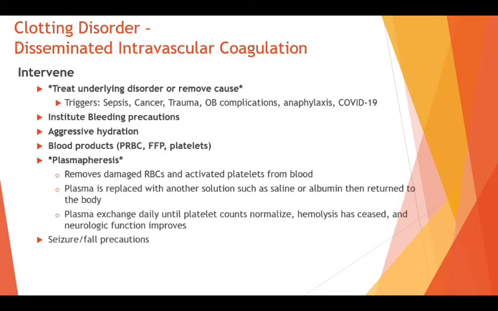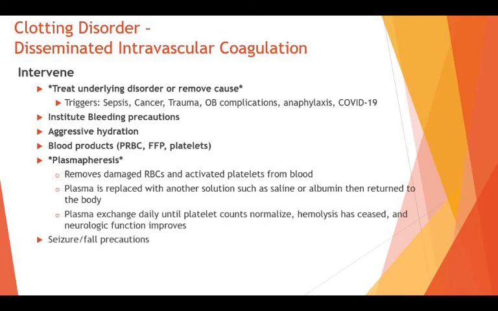Because we've used up all our clotting factors, we need to give plasma because FFP has clotting factors in it. So we're going to give platelets, we're going to give clotting factors, and plasmapheresis is the best way to give these blood products. If we just dump red blood cells and FFP and platelets into the situation, we still have all these old used up products running around in our bloodstream.